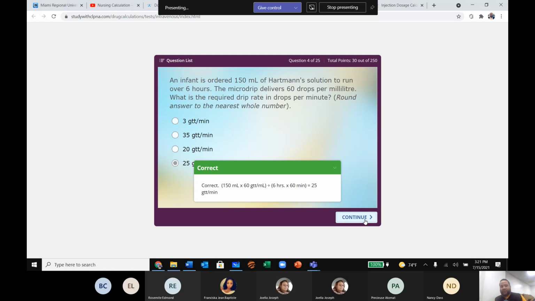Guys, exactly like this problem, I have been seeing a lot on the NCLEX. Okay, very similar. We have to practice this kind of problem. I highly recommend paying attention to this kind of problem.